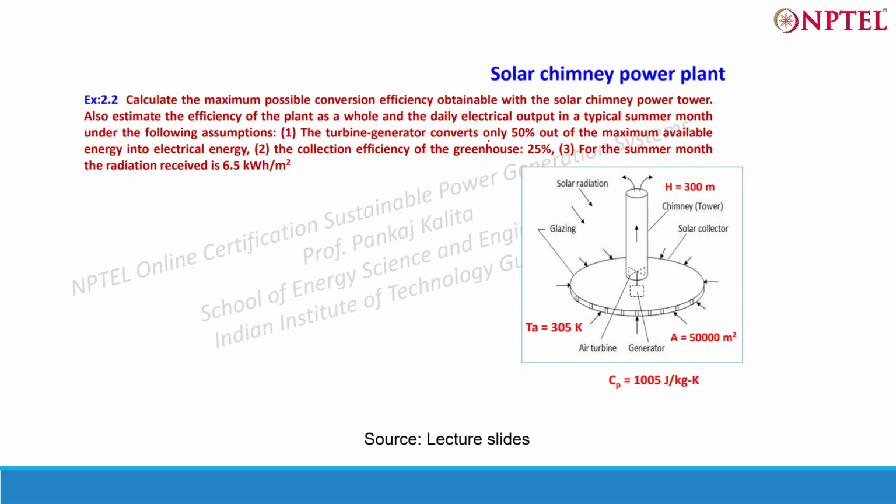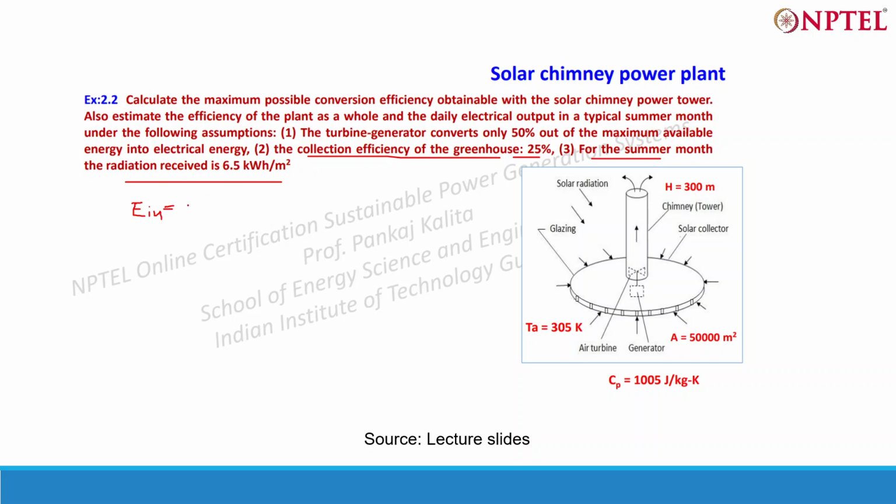The turbine generator converts only 50% of the maximum available energy into electrical energy. The collection efficiency of the greenhouse is 25%, and for the summer months the radiation received is 6.5 kilowatt hour per meter square. So area is given, so whatever input you need to calculate.